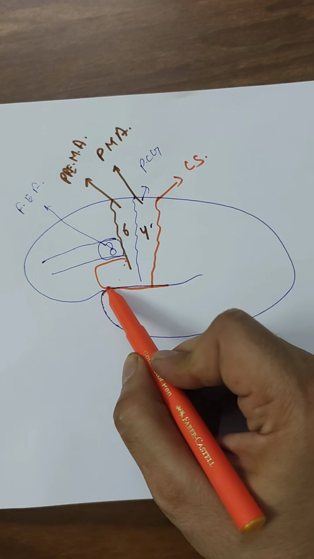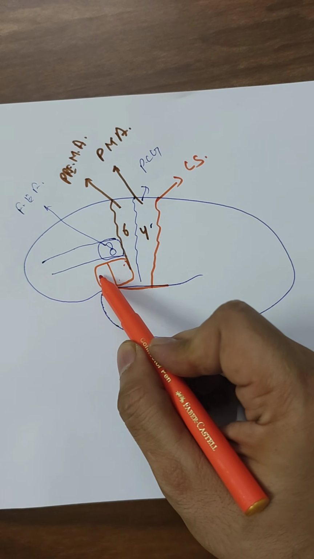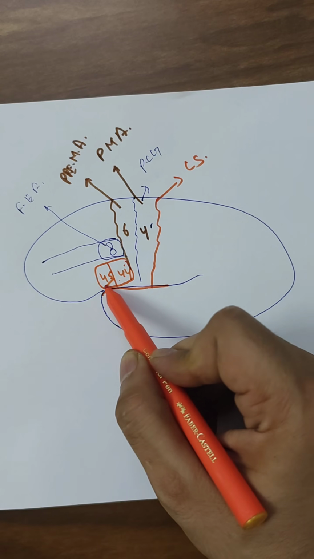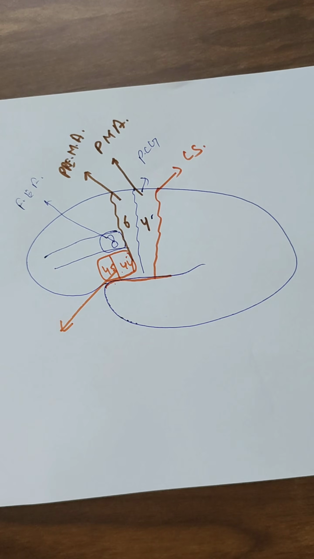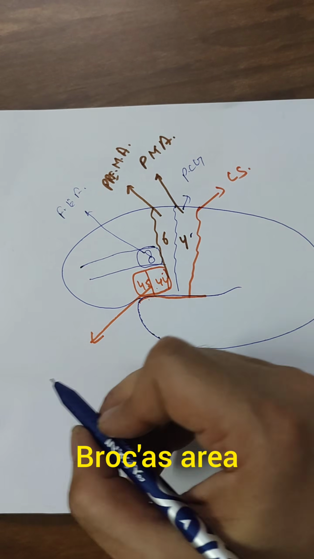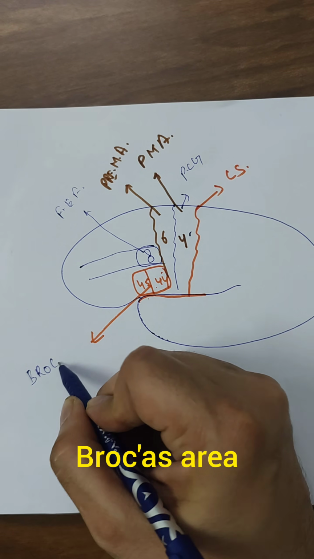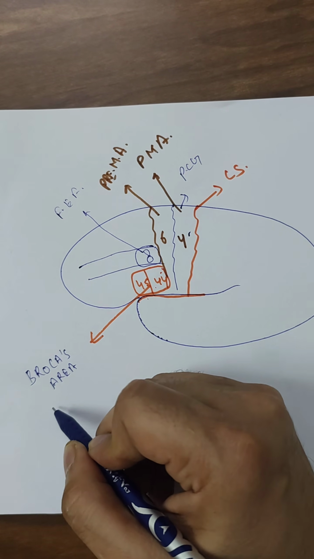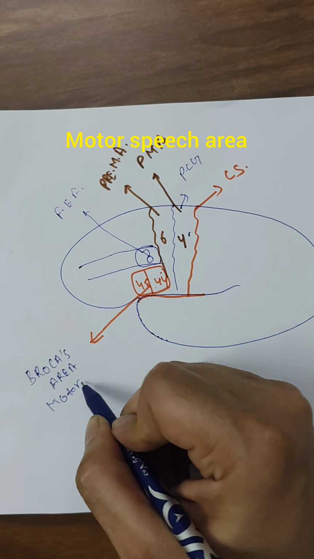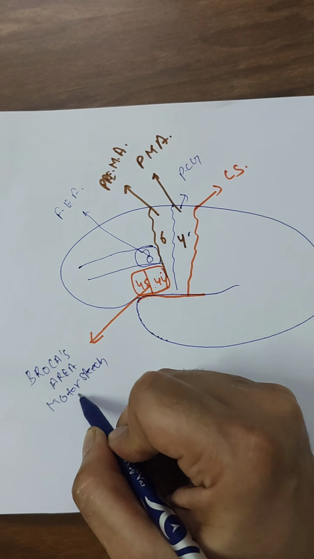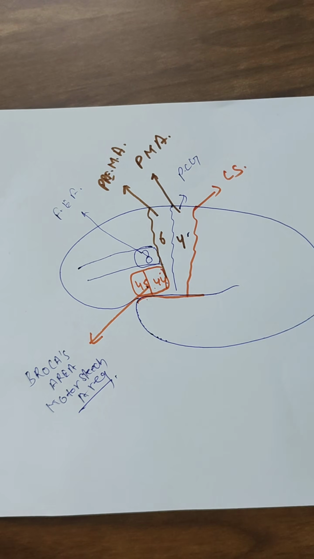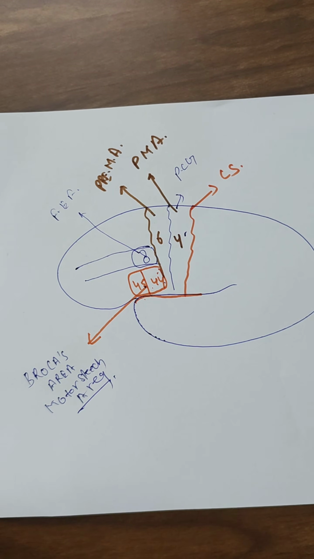Here we have two areas, 45 and 44. This is known as Broca's area, also known as the motor speech area.